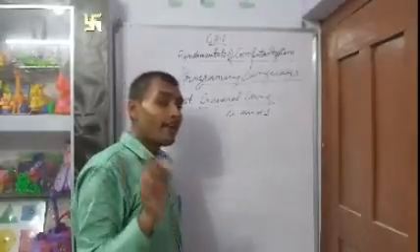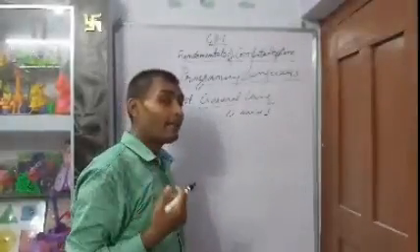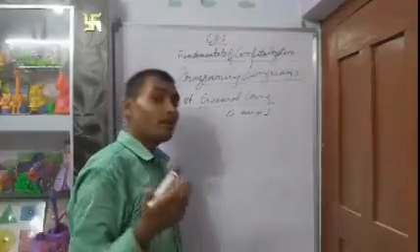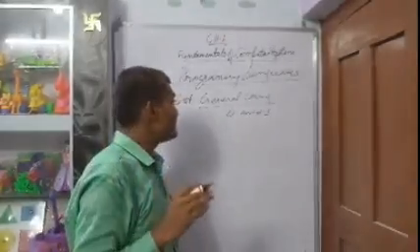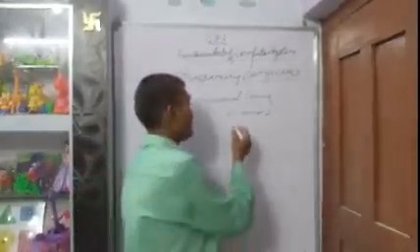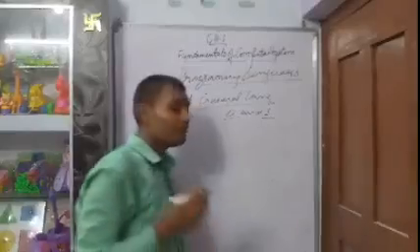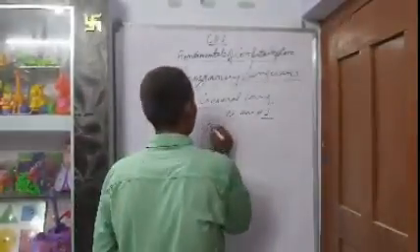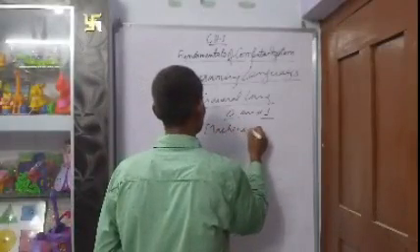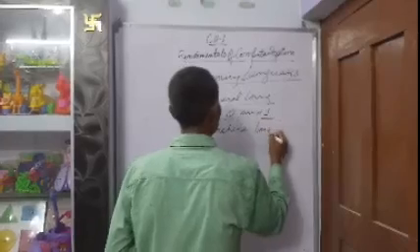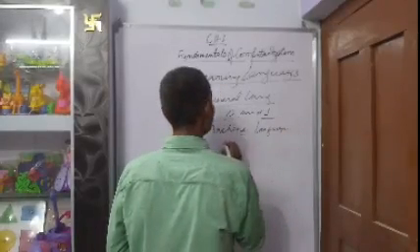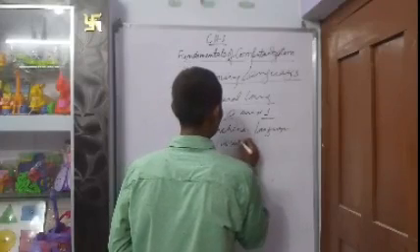We write programs in our language, which are high level languages, but the computer understands only binary digits, 0 and 1. So the first generation language consists of machine language or low level language.